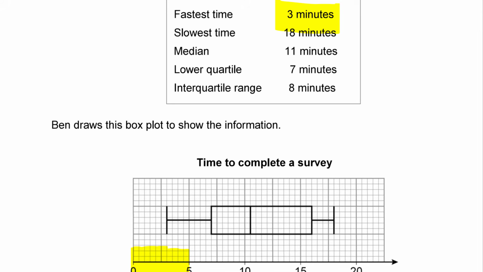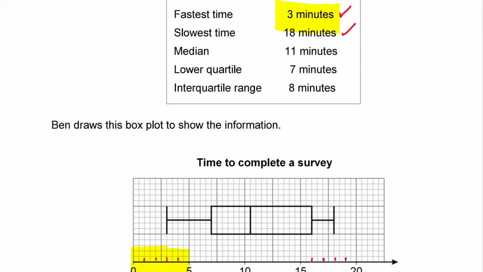So let's just work out the scale. 2 squares is 1 unit, so that'd be 1, 2, 3, 4, 5, like that, wouldn't it? So he's got the lower whisker of the box plot down at 3, so that one looks correct. Slowest time 18. Again, if I just mark those increments on, so that'd be 16, 17, 18, 19. The slowest time is correctly marked.